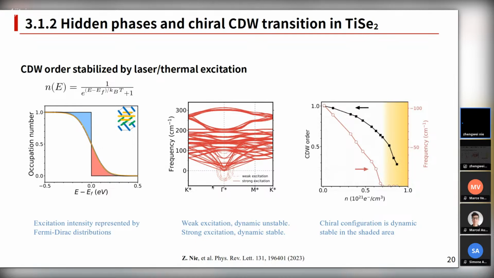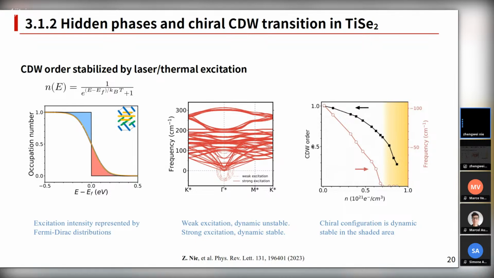And we calculate its phonon spectrum under different excitation intensities. Under very weak excitations, it has a huge soft phonon mode, so it is unstable. And for the red curve, with strong excitations, the soft phonons harden and it becomes dynamically stable.